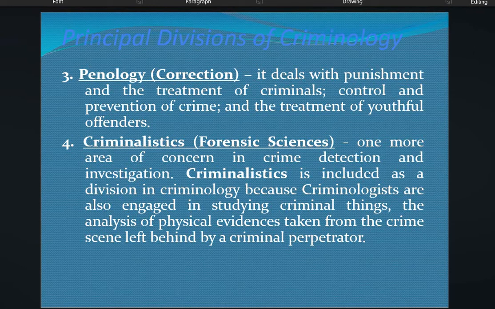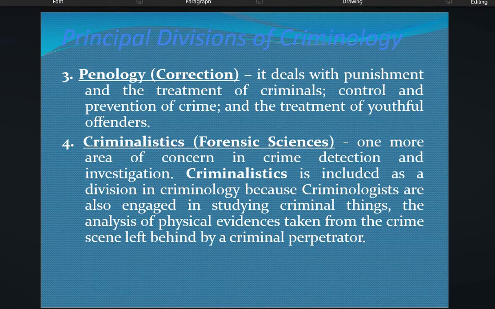Ano yung treatment of criminals? So, when we talk about imprisonment or punishment, ito yung mga madalas nating nakikita na BJMP facilities or Bureau of Correction facilities. Now, with respect to punishment, madalas naman natin ito na-encounter like life imprisonment, 20 years of imprisonment.